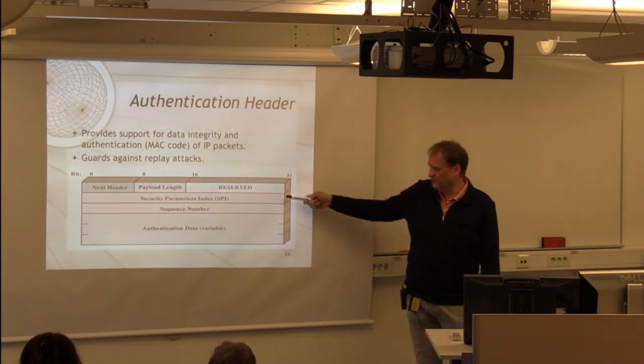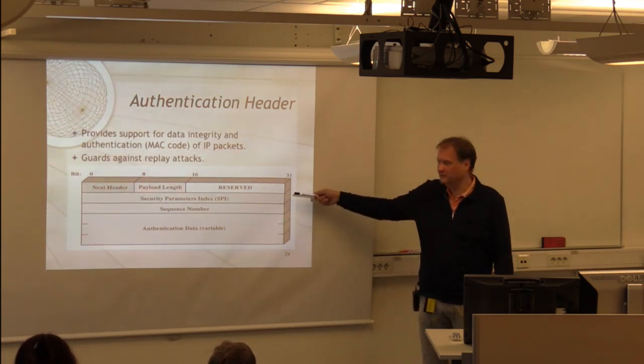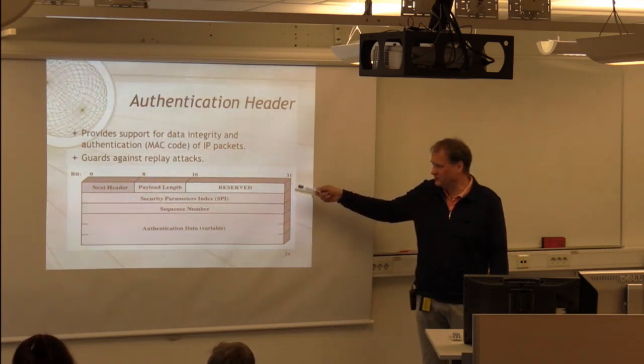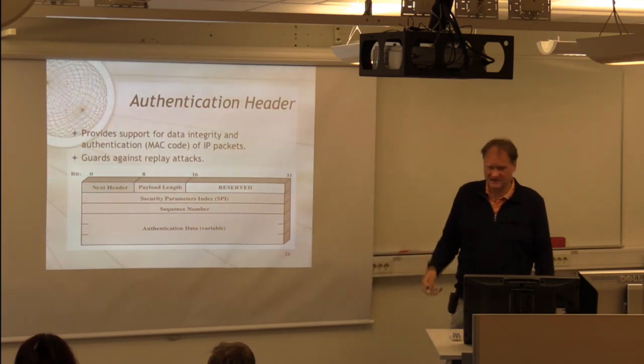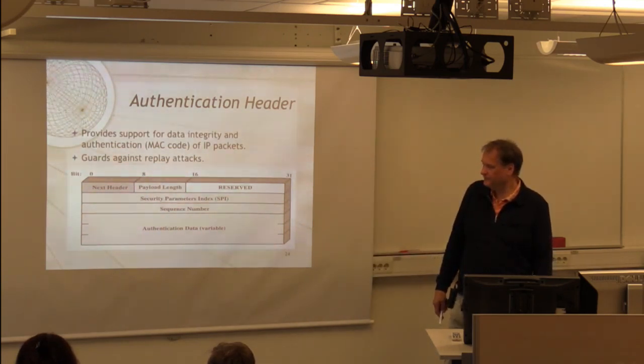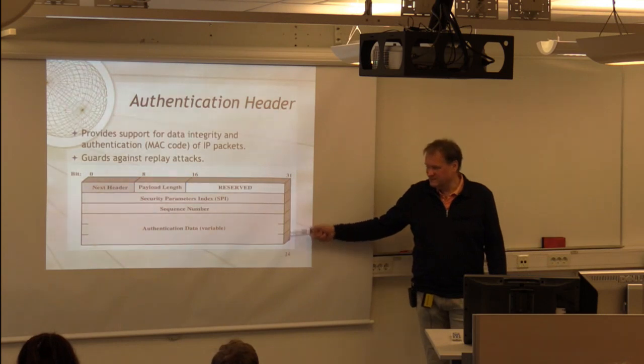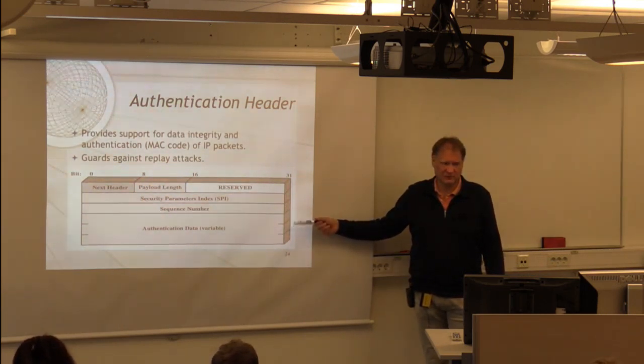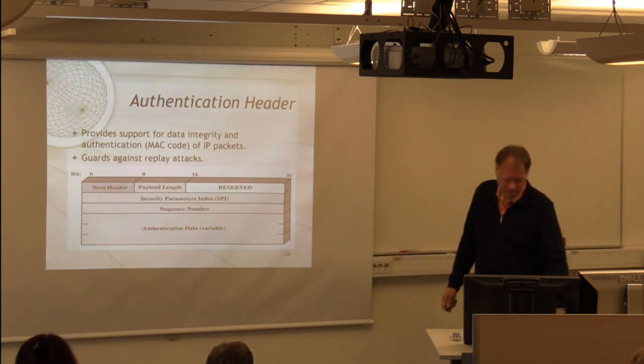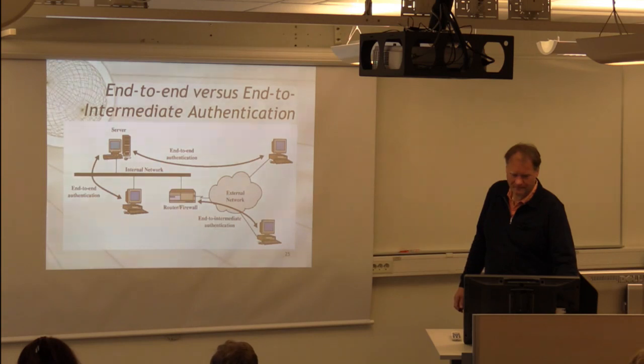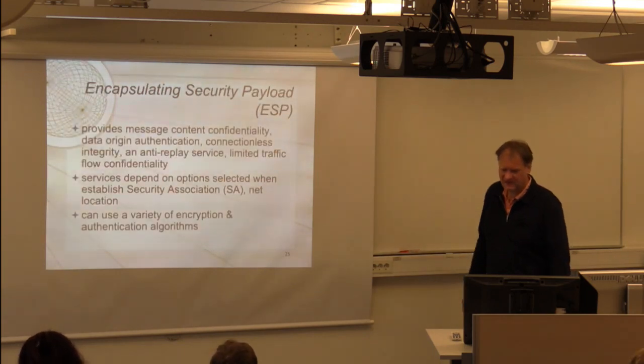And then we have a security parameter index, so this random number we created when we created the security association, and the sequence number for this. This is variable because it depends on what authentication method we're using, what hash algorithm. I think we already covered that.